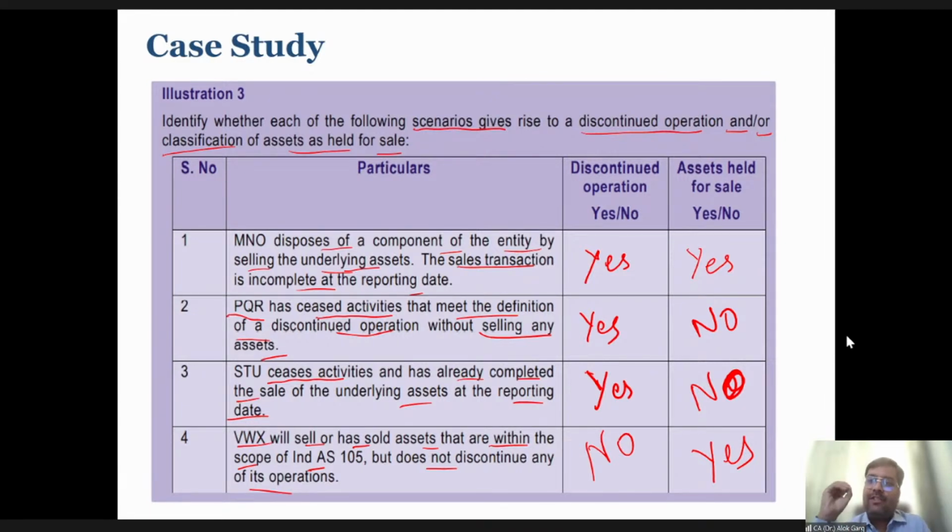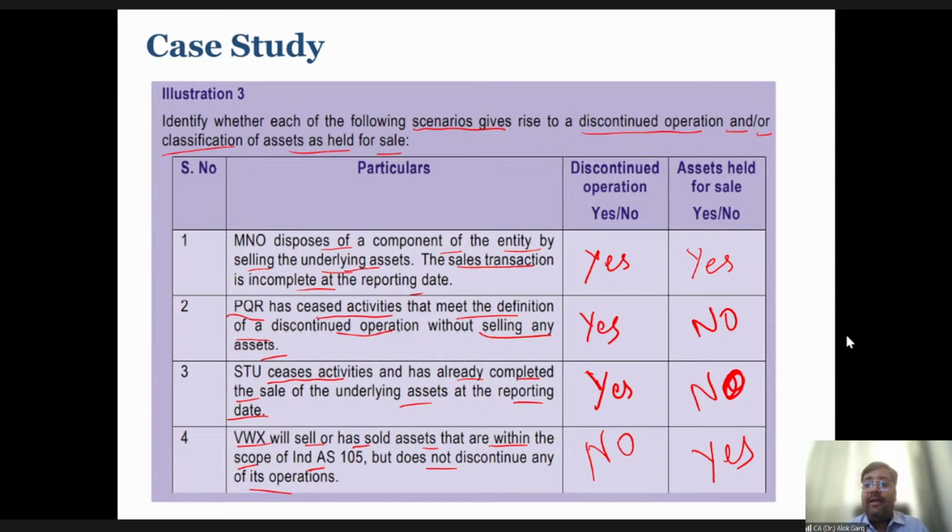So first of all, if you are selling the underlying assets of discontinued operations, meaning those operations which have been discontinued or are going to be discontinued, already decided to be discontinued, then what is the accounting treatment?